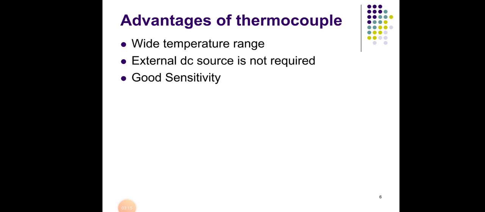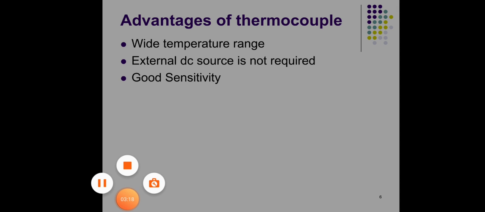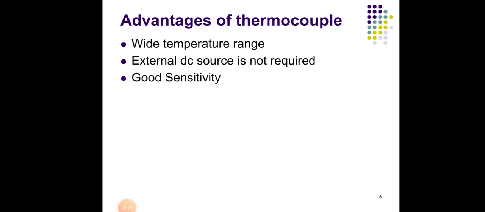Next one is advantages of thermocouple. Wide temperature range. It can be from minus 200 degrees Celsius to 1,100 degrees Celsius. External DC source is not required, means it does not require any external power supply. That's why it is called an active temperature sensor.